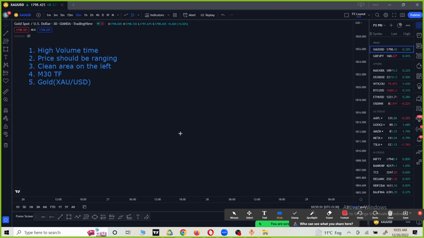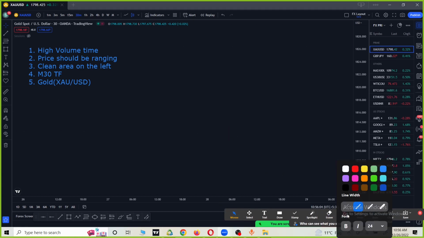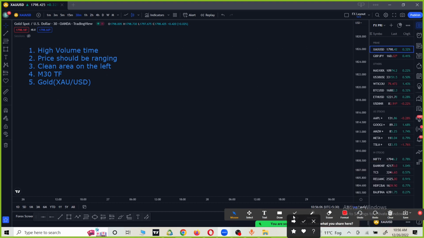suppose when we come to the charts during the high volume time, we see the price ranging, and by that I mean that, suppose we find the price like, okay, now let me draw a few more candles.